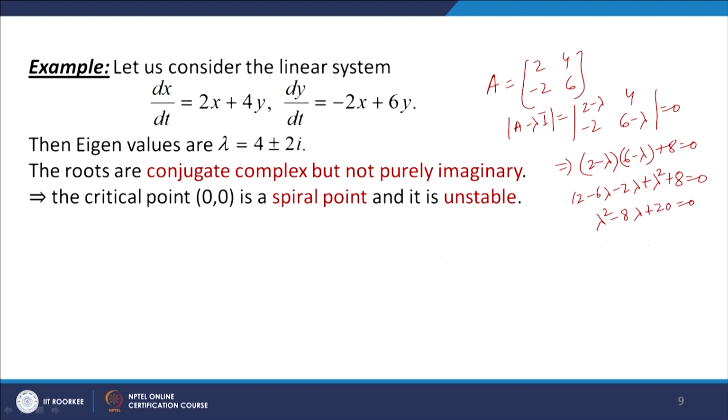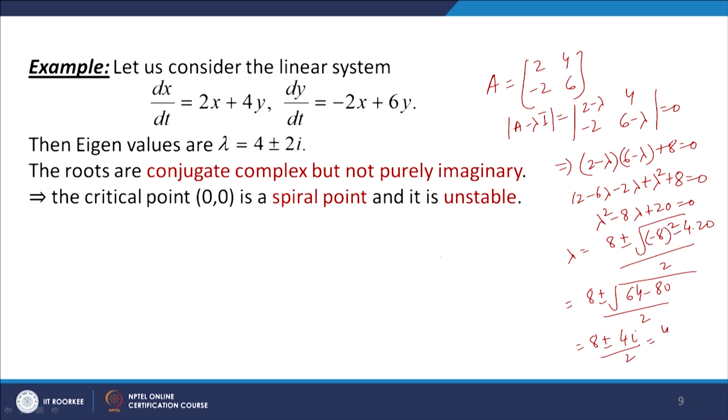So, what do we get? Let us apply the formula: lambda = (-b plus or minus the square root of b squared - 4ac) divided by 2. So we get (8 plus or minus the square root of 64 - 80) divided by 2, which is 8 plus or minus the square root of -16, that is 4i.